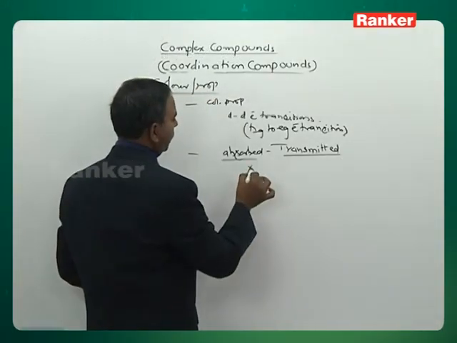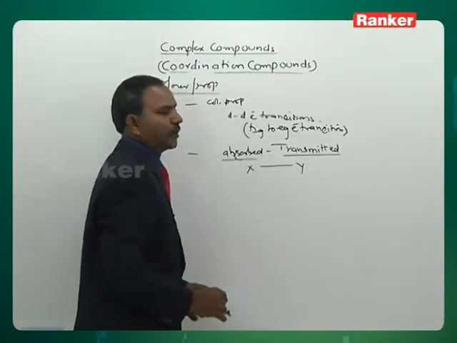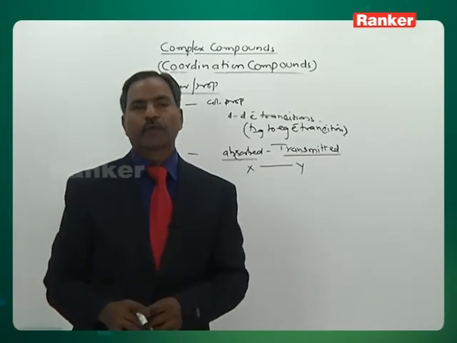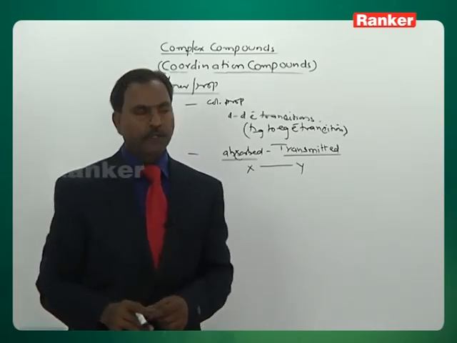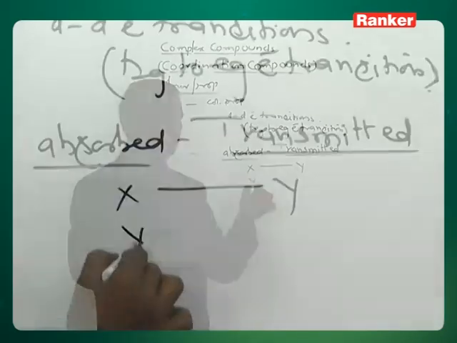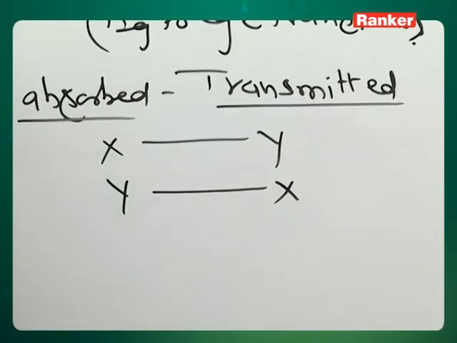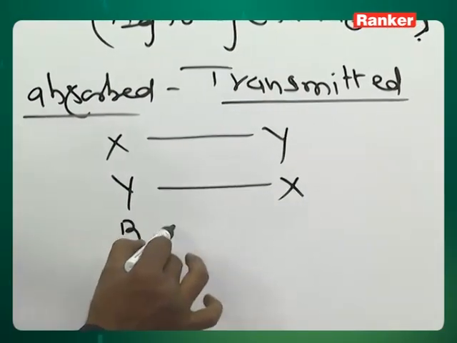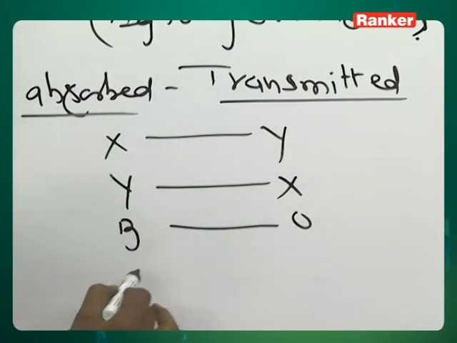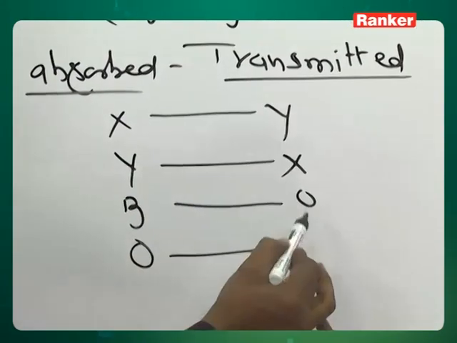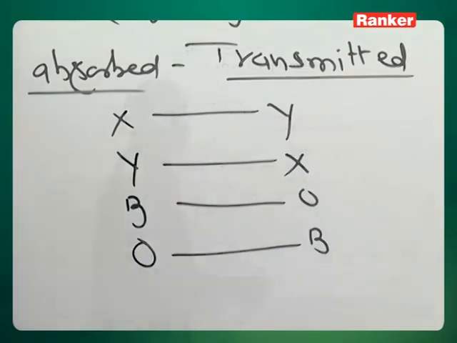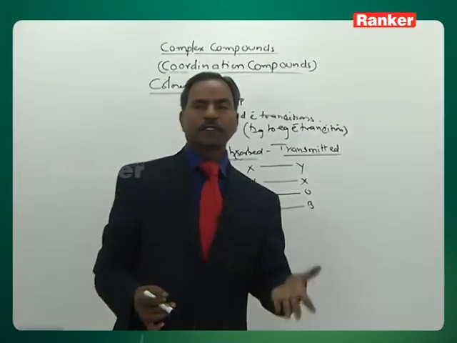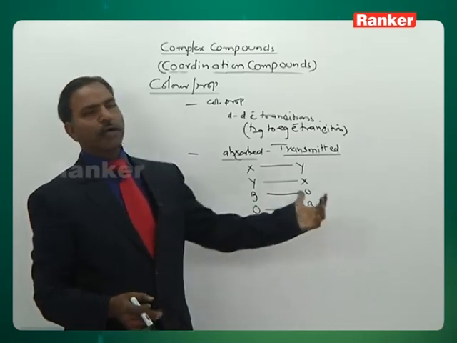Suppose X color is absorbed, then Y color is transmitted. If Y is absorbed, then X is transmitted. For example, if blue is absorbed, then orange is transmitted. Consider if orange is absorbed and blue is transmitted.